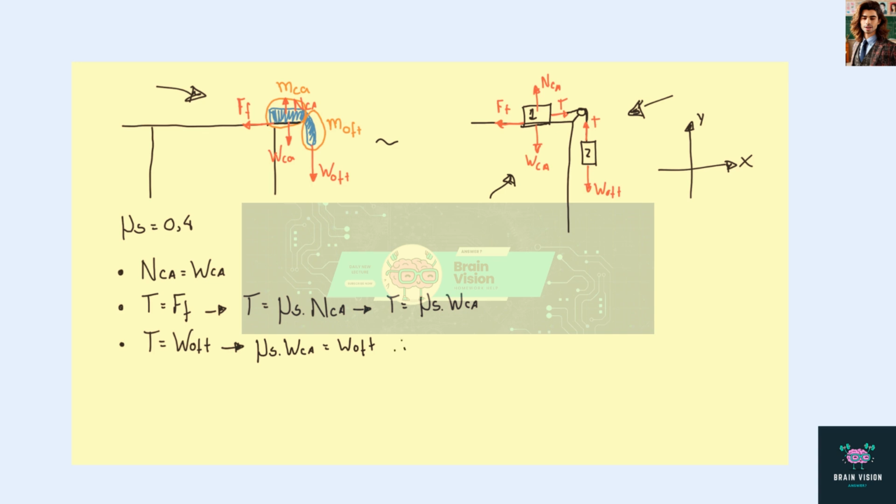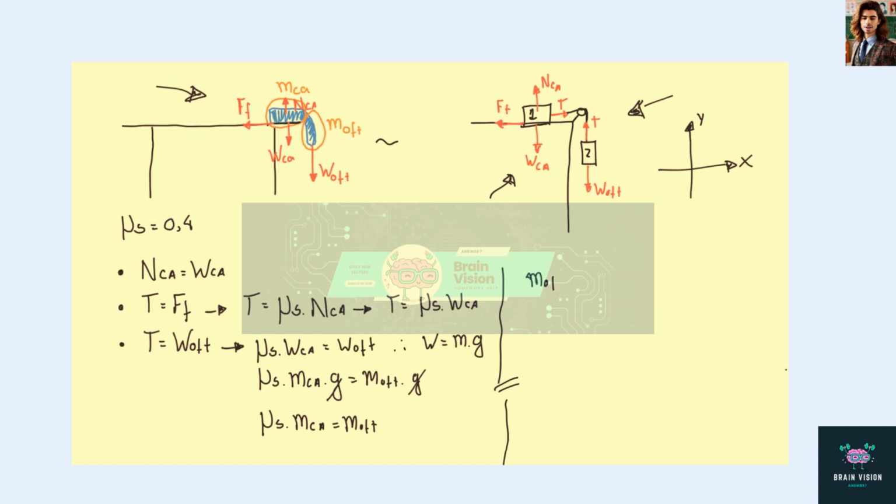Then, remember that the weight is given by the mass times the acceleration of gravity. So, we have that W_CA is equal to m_CA times g, and W_off is equal to m_off times g. We can simplify the g's here so that we get that the static frictional coefficient times m_CA is equal to m_off. Then, the question asks us to calculate the maximum fraction m_off divided by m_CA plus m_off.